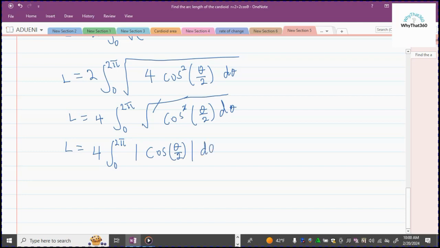It is necessary to take the absolute value because cosine is negative for some values in this domain that we are working with.